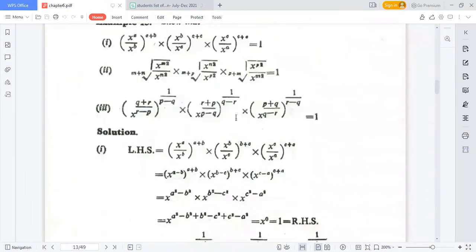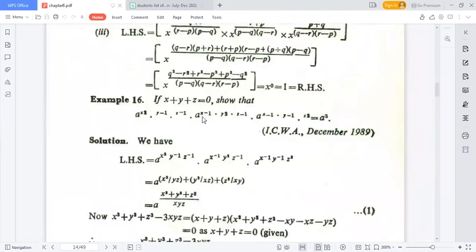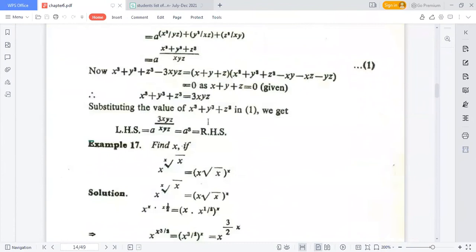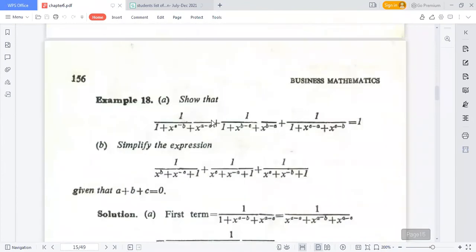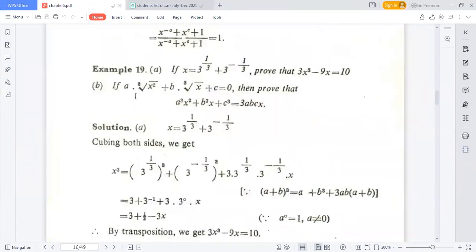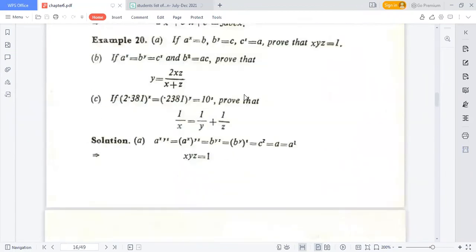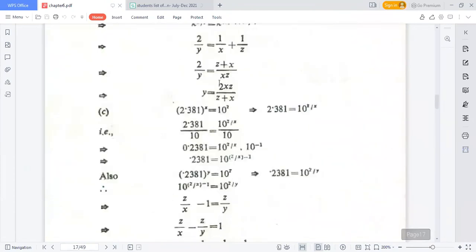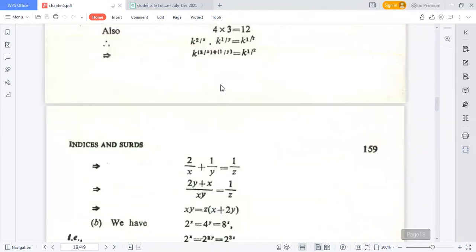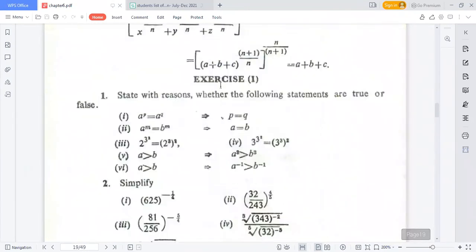Okay, 15 example, 16 very important, 16 example. 19 example, very important, yes, from the book. 19 example and 20 example, 20, 21.